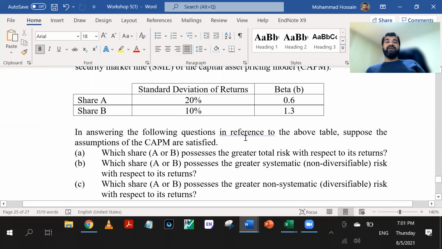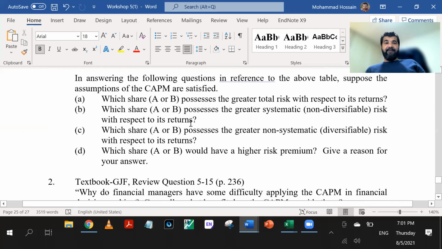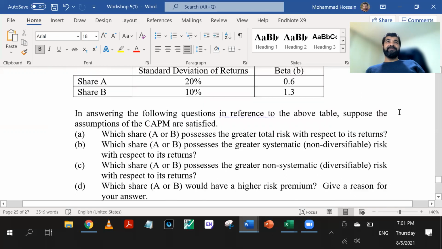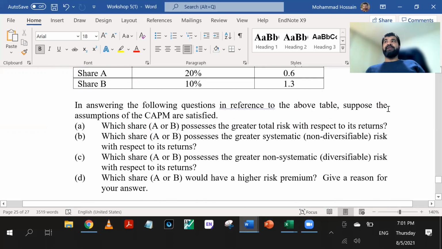In answering the following question, refer to the above table. Suppose the assumptions of CAPM are satisfied. Which share, A or B, poses the greater total risk? Any questions, guys? Which one?